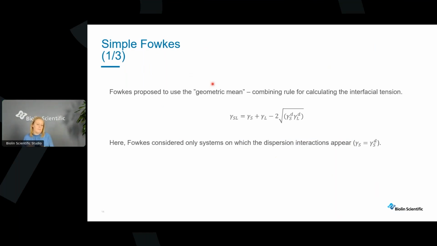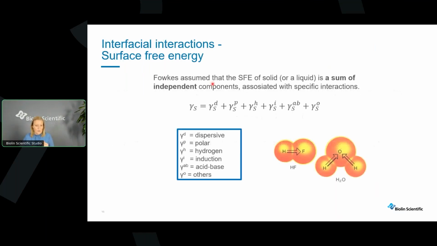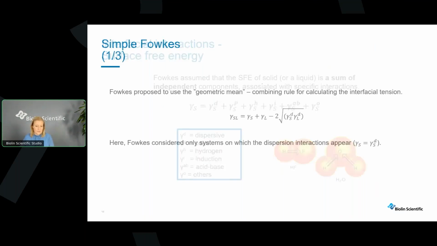The first method that I introduce here is called simple Fowkes. What this method assumes is that we can omit all the other interactions here except the dispersive interaction. So this assumes that the surface free energy is only composed of dispersive interactions.